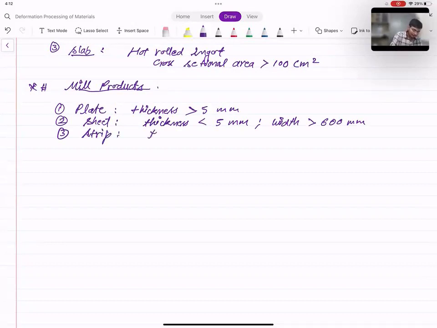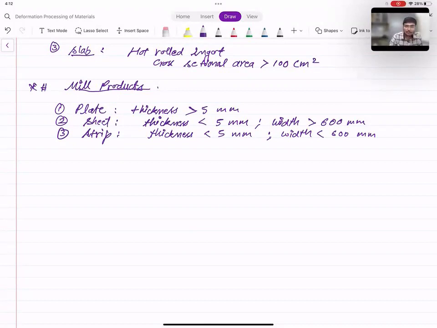Strip has a thickness less than 5 mm and width also less than 600 mm. Okay, so this is the classification of mill products.